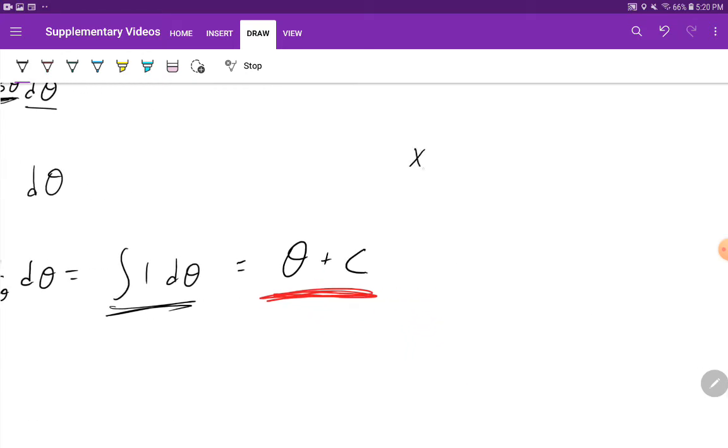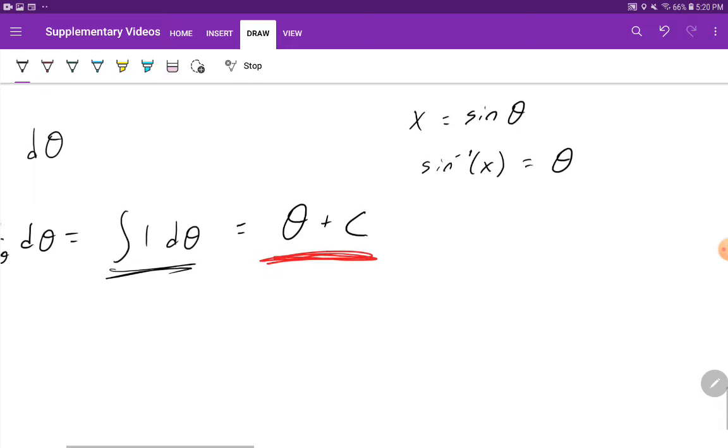We said x was equal to sine theta. If x is equal to sine theta, then I can inverse sine both sides, and I'm left with inverse sine of x is equal to theta. You're telling me I can replace that theta with sine inverse.